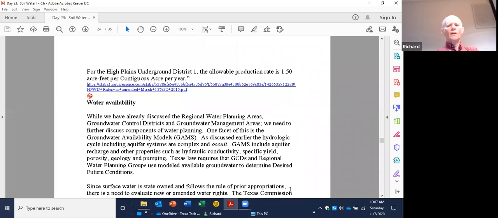For the High Plains Underground Water Conservation District Number 1, the allowable production rate is 1.5 acre-feet per contiguous acre per year. What does that mean? That means if you have 1 acre of property, you're allowed to pump 18 inches of water and cover that acre. Now, this rule really is more manageable for an agricultural producer than it is for some other people.